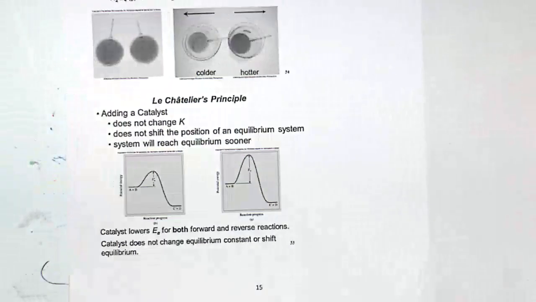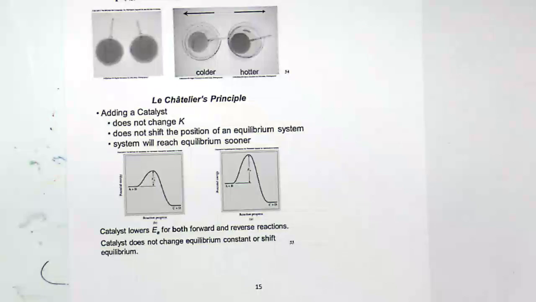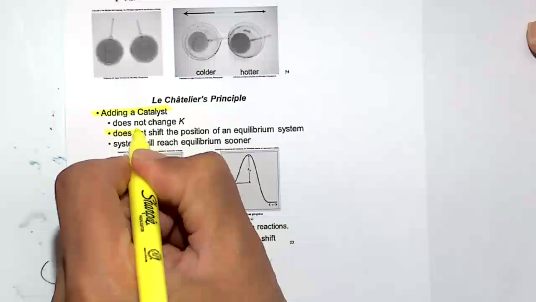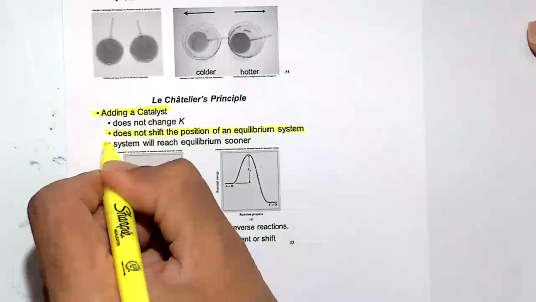All right, if you have a catalyst, it will not change the equilibrium. It's going to shift neither left nor right. This is the next important point here. Adding a catalyst does not shift the equilibrium.